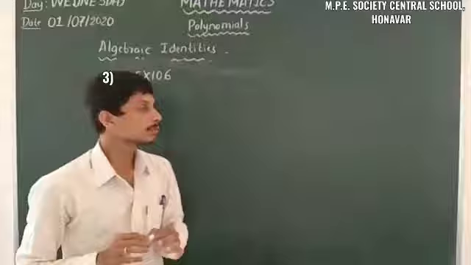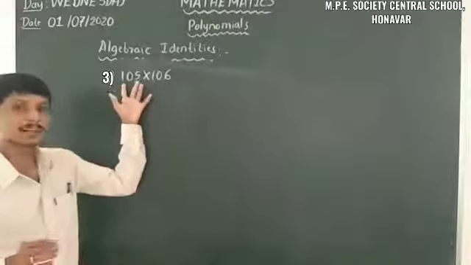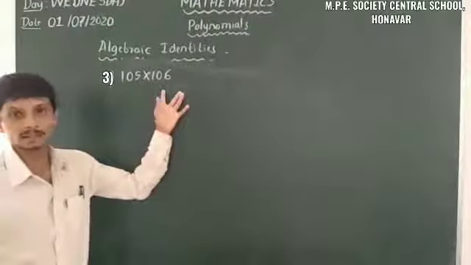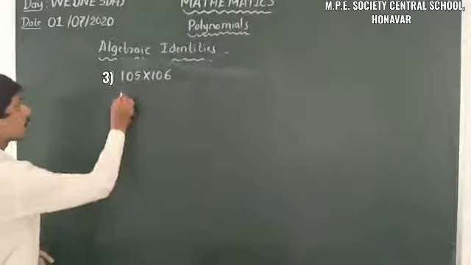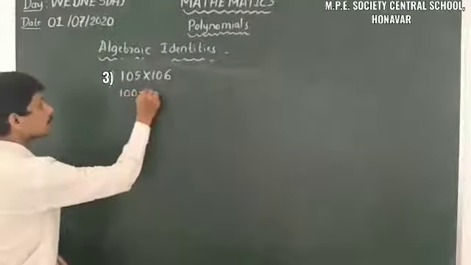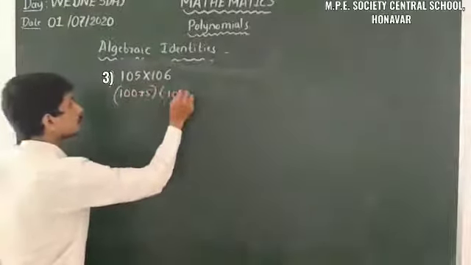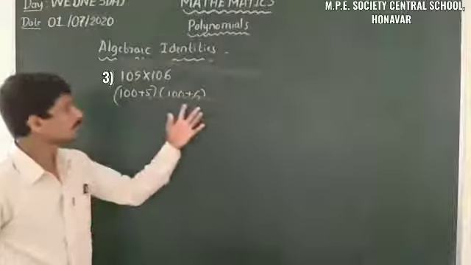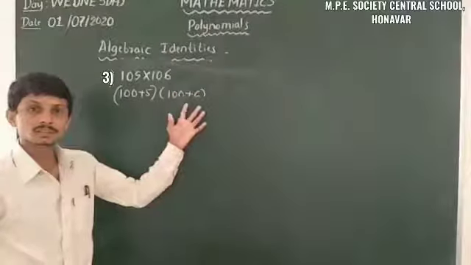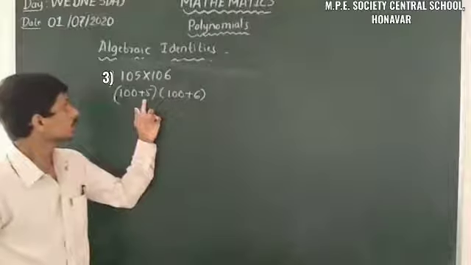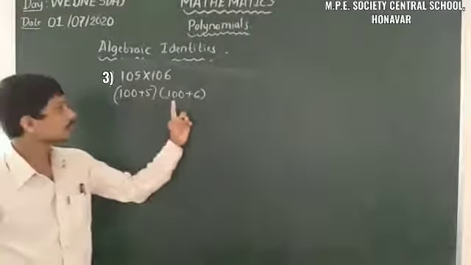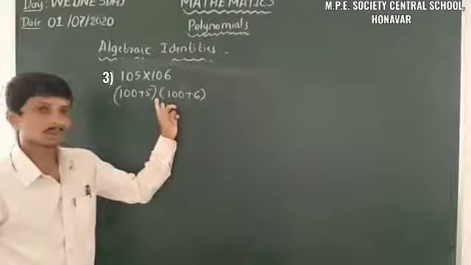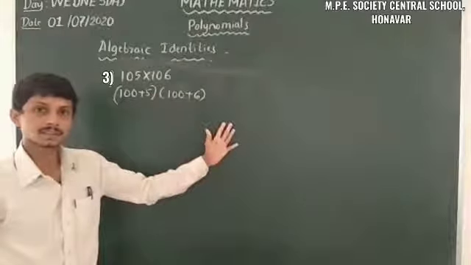Just observe this: 105 is there and 106 is there. So it's an addition of 100. I will write it as 100 plus 5 and 100 plus 6. That means (100 + 5)(100 + 6).